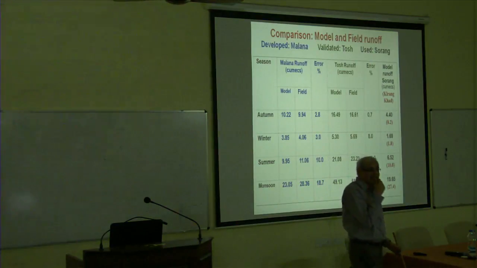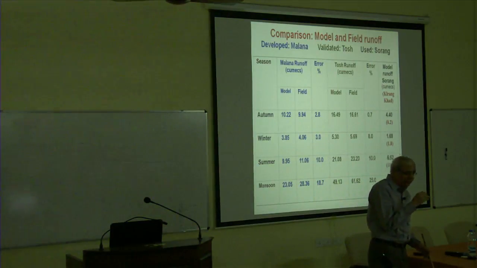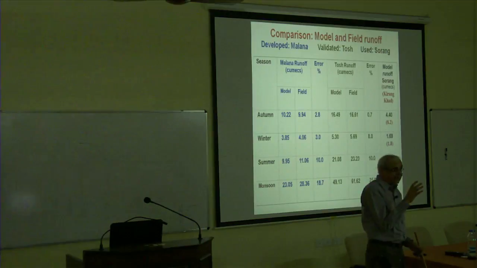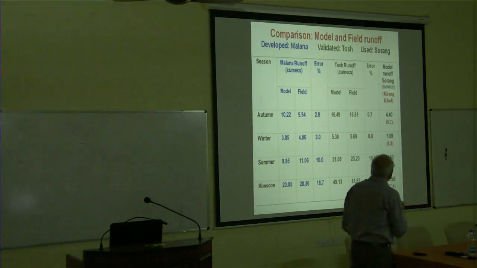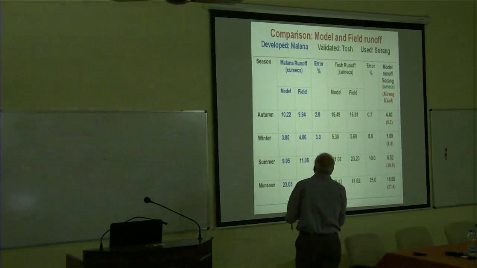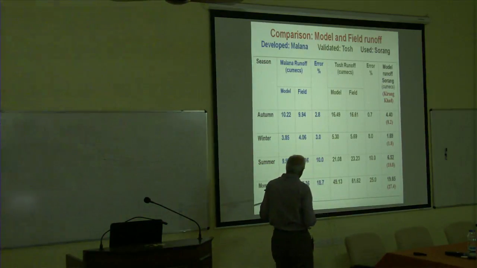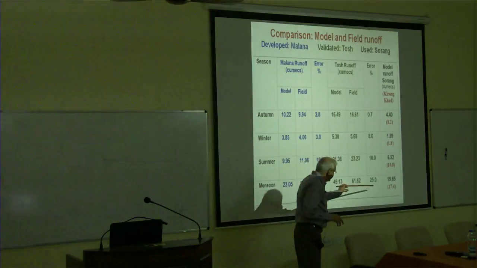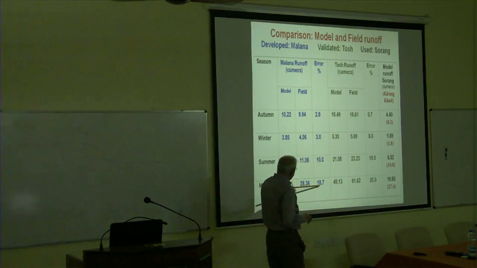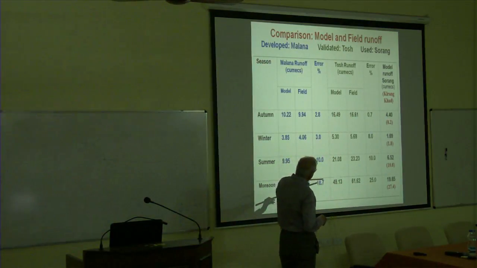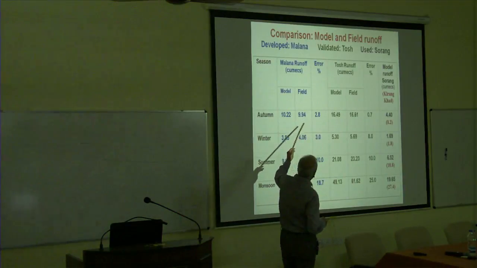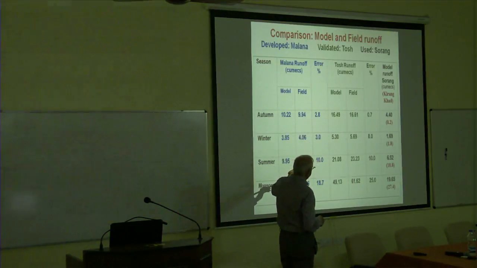One of their engineers came and worked with us for 2 months to understand this model. They did it on their own at Simla, and they got a variation which is very high in monsoon, at 25%. We also have 18, 19%. But they are very good in autumn, winter, and summer.